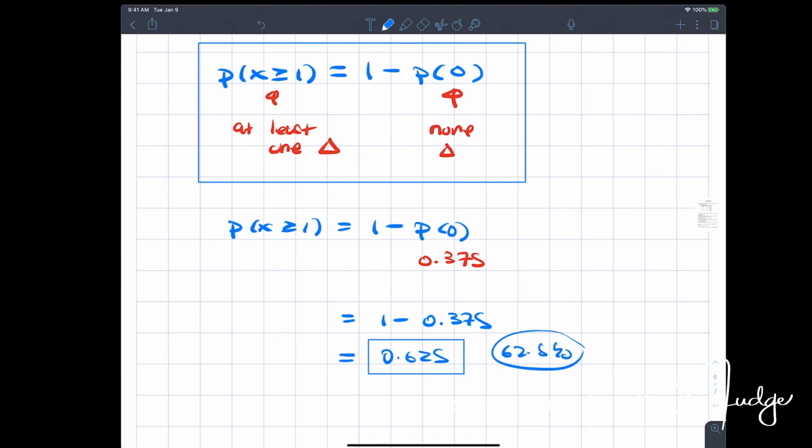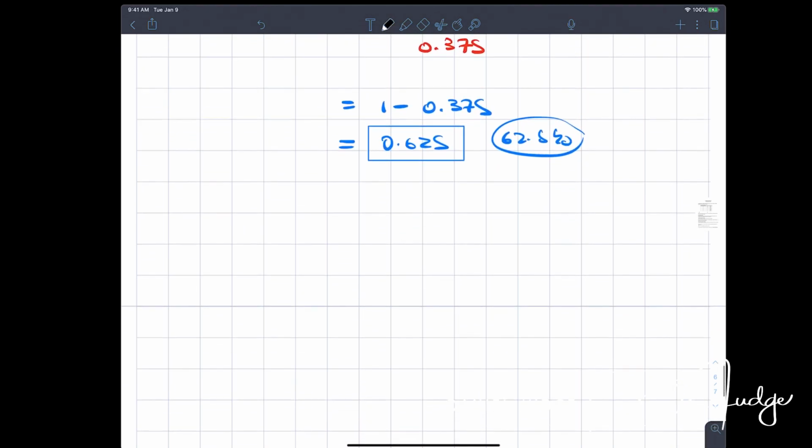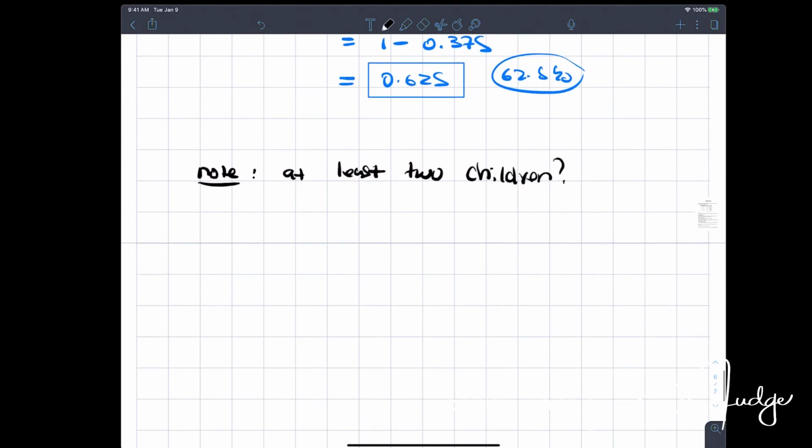So, moral of the story. Did we get this for question 1? The answer is yes. We could use the complement rule, ladies and gentlemen. And I'm going to say here, it can be expanded. Remember the second question, at least 2 even. So let's try to do that one. Let's note for the phrase, at least 2 children. Here's what I want to leave you guys off with. This is going to be important for us in our future.